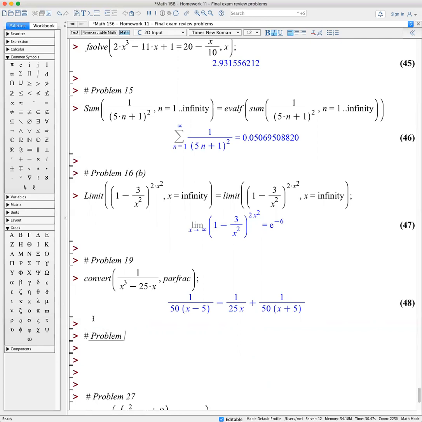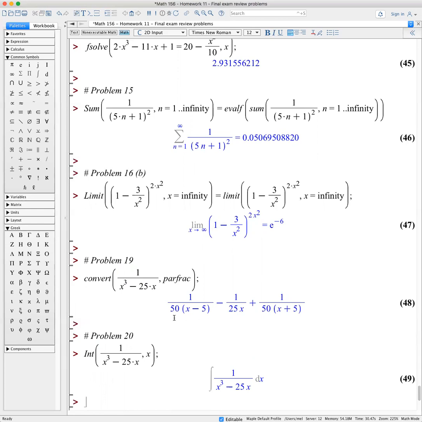In problem 20, we're computing a definite and an indefinite integral. So the integral of the function we're computing is this function, the integral of 1 over x cubed minus 25x.